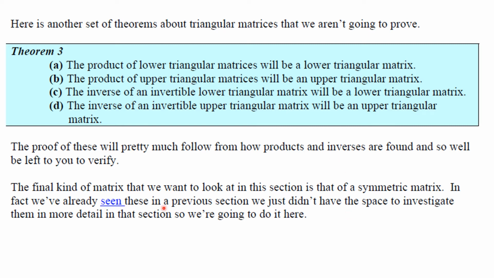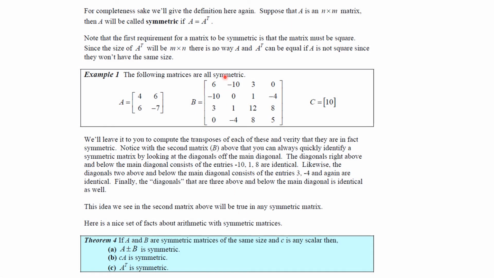Now we're also going to talk about something we have spoken about before, but it fits in nicely here, and that's the idea of a symmetric matrix. Let's review the definition again. Suppose you have an n by m matrix A. It is called symmetric if A is equal to A transpose.